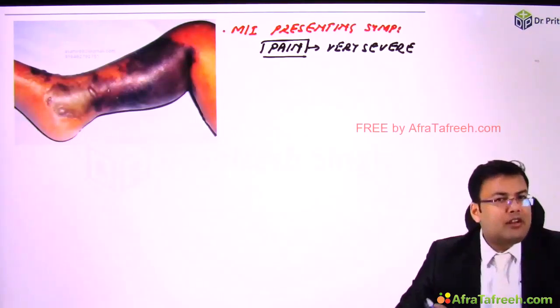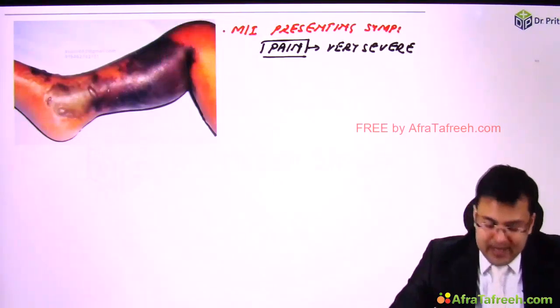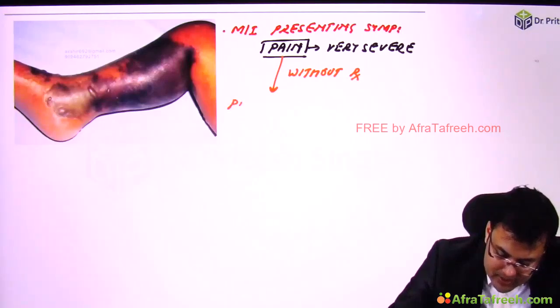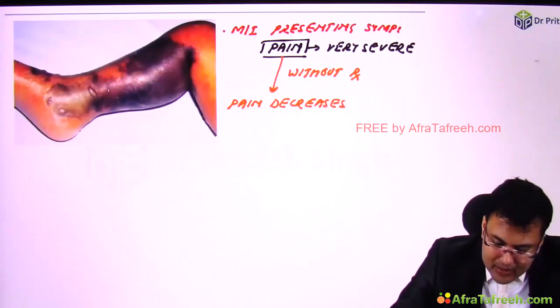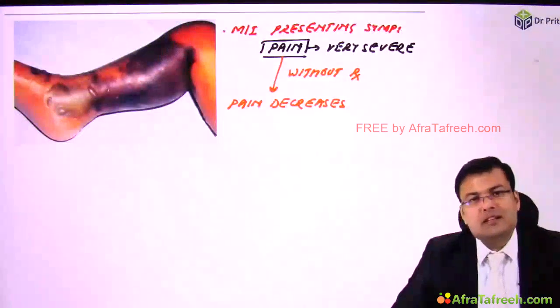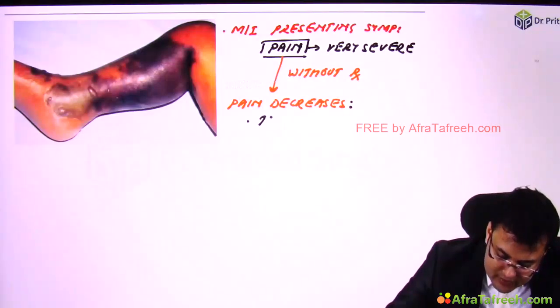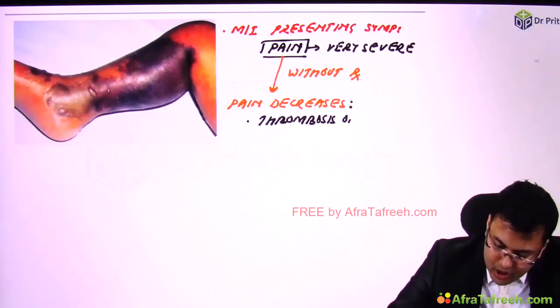Now, if we are not going to treat the patient, what is the problem? Sometimes this pain decreases without treatment. So question, why does this pain decrease? Because afterwards there is thrombosis of small vessels. So pain decreases because of thrombosis of small vessels.